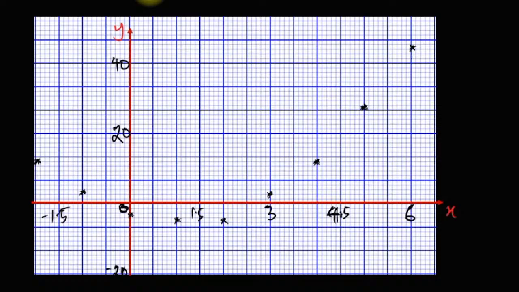So the next thing is to join the points. So we join the points. So let's join.